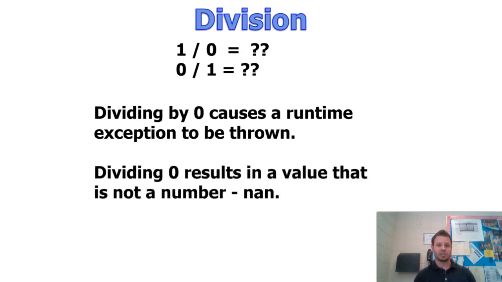Dividing by 0 results in a value that is not a number. We'll abbreviate that as NaN. So not a number, that is a thing in Java. Something we can check for, but if I try to use NaN in an expression, trying to add that or subtract that or use any other type of operation on it, my program will break for me. So in Java, whether we're talking ints like we have here or doubles, you can't divide by 0 and you also can't divide 0. We'll say that's not a number as well.